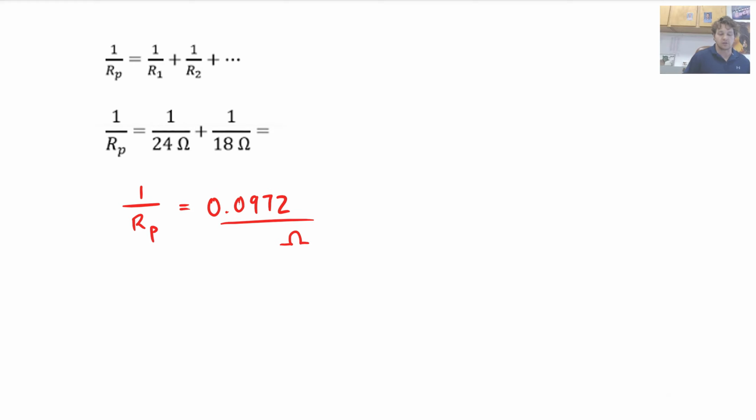So take the inverse of the left side of that equation, and we have rp. And taking the inverse of the right side, so 1 divided by 0.0972, we would have 10.29, and instead of 1 over ohms now, flip it upside down, and now we just have ohms. Okay, so our final answer would look like that.